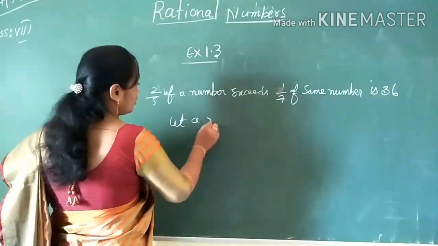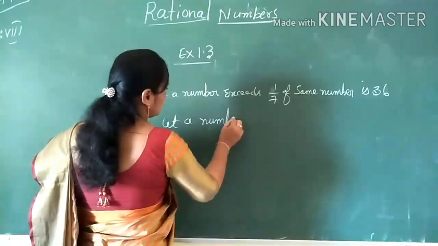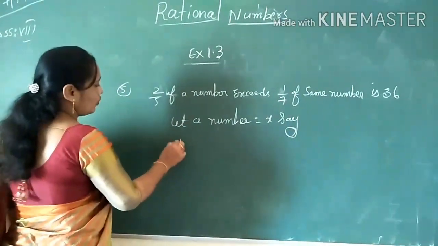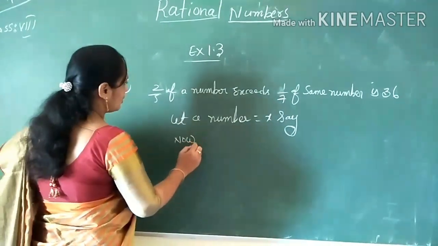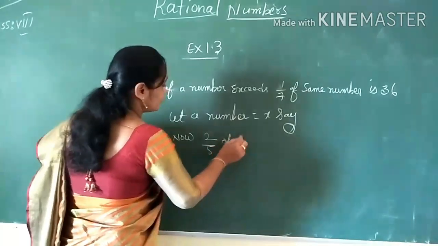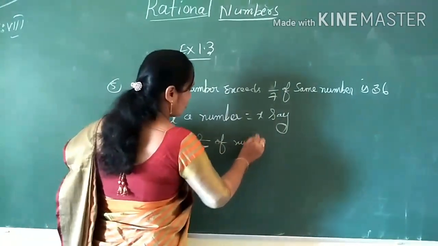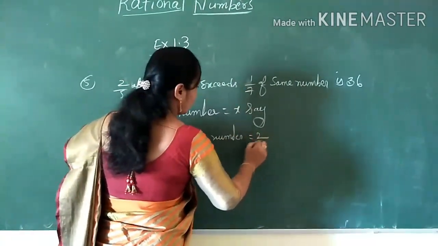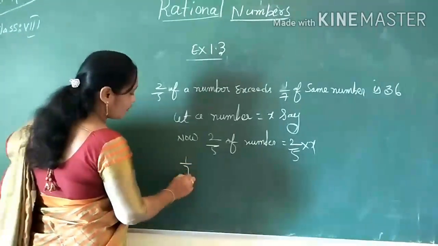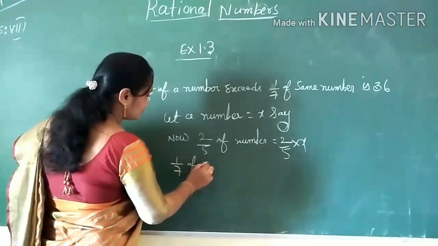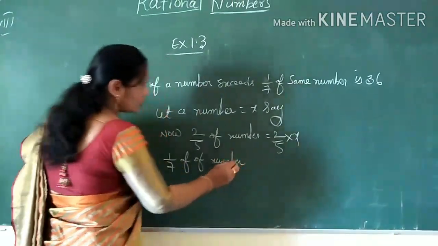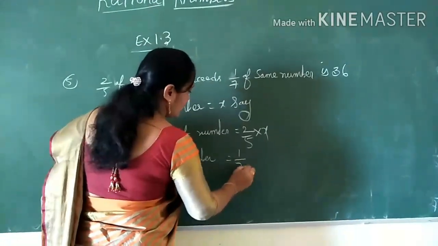Let the number be x. Now 2 by 5 of the number is 2 by 5 into x, and 1 by 7 of the same number is 1 by 7 x.